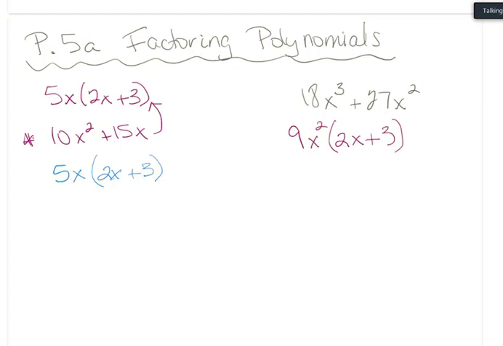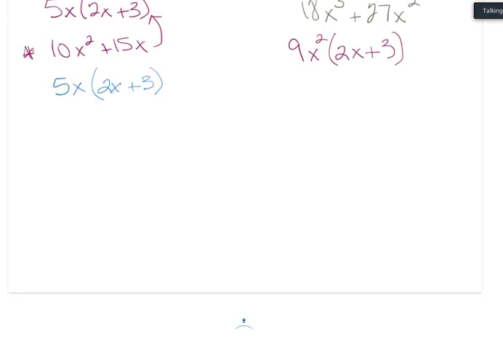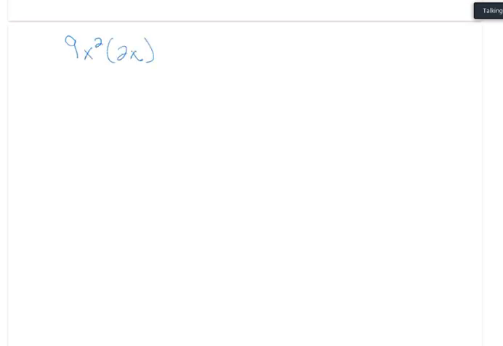So let's spice it up a little bit. Let's say they gave us 9x squared times 2x plus 9x squared times 3, and we're going to factor out that greatest common factor.